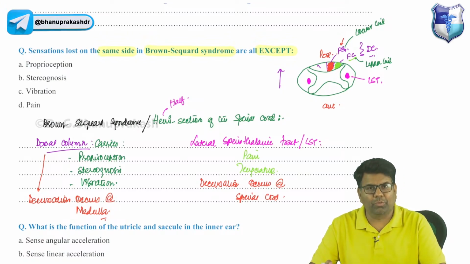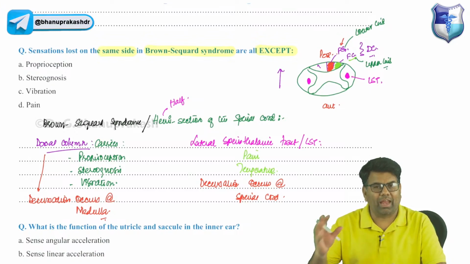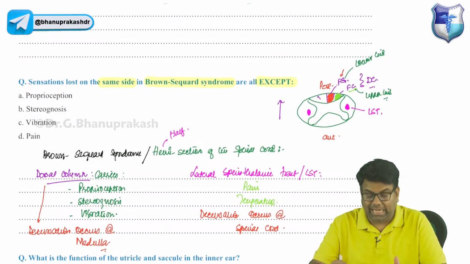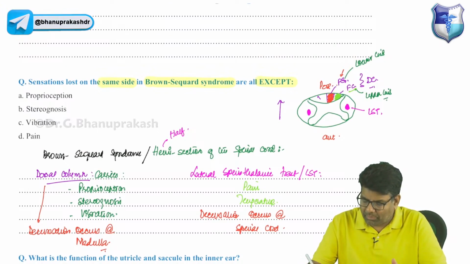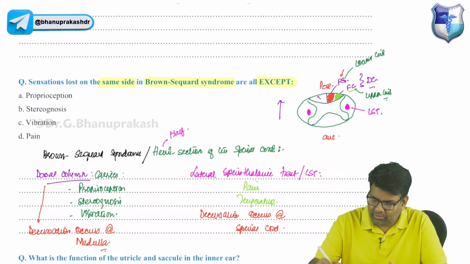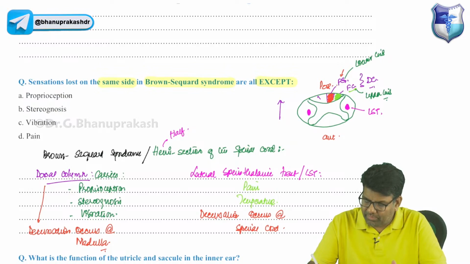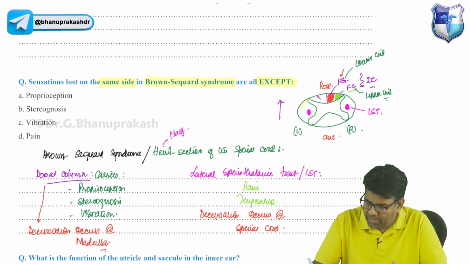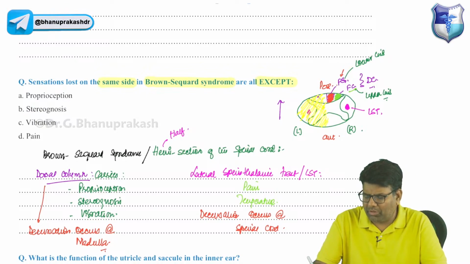Now, having discussed these two important modalities and the level of decussation, we can discuss the clinical entity as such. Suppose this is the left side of the patient, this is the right side of the patient. Now, if there is complete injury to the left half of the spinal cord, it can be because of chop wounds or bullet injuries.